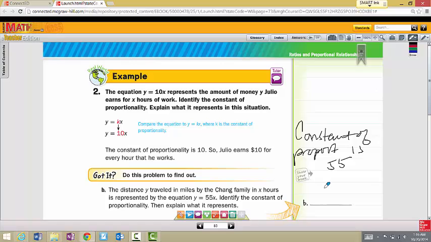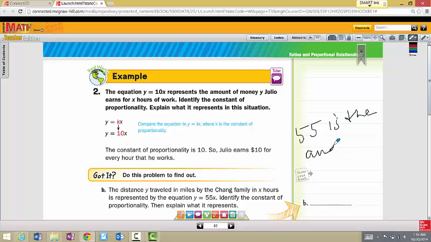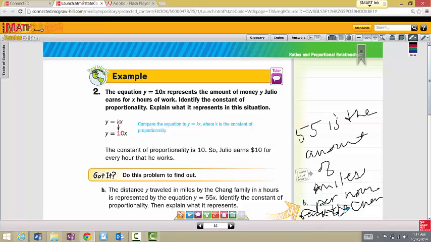If x is the amount of hours, then 55 is the amount of miles per hour the Cheng family drives.